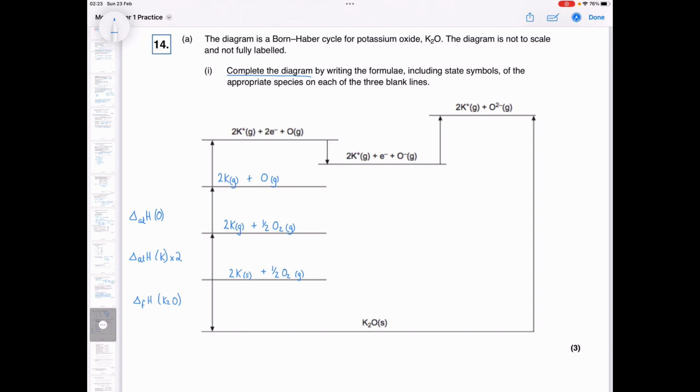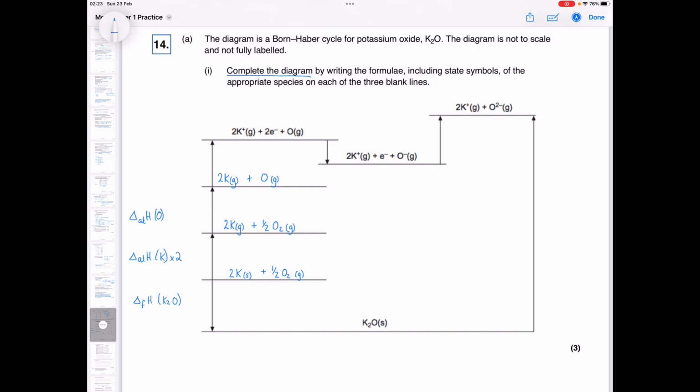And that's the enthalpy change where 1 mole of atoms is formed from the element in its standard state.